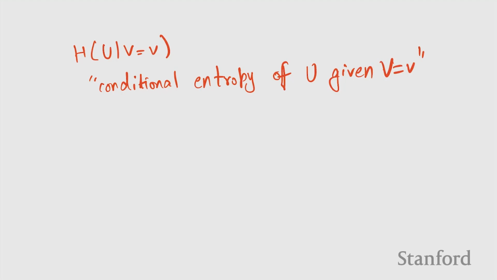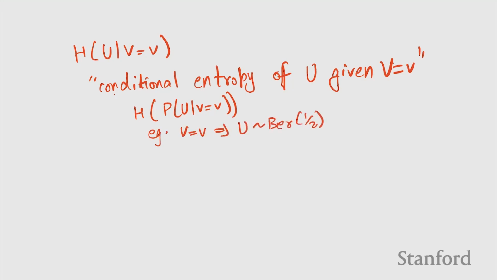And this one is nothing different from what you have already seen. This is just the entropy of the distribution U given V equal to v. So let's say, for example, V equal to v implies that U is Bernoulli half, then the entropy of U given V equal to v, somebody tell me what is the answer? What is the entropy of Bernoulli half? 1, right?